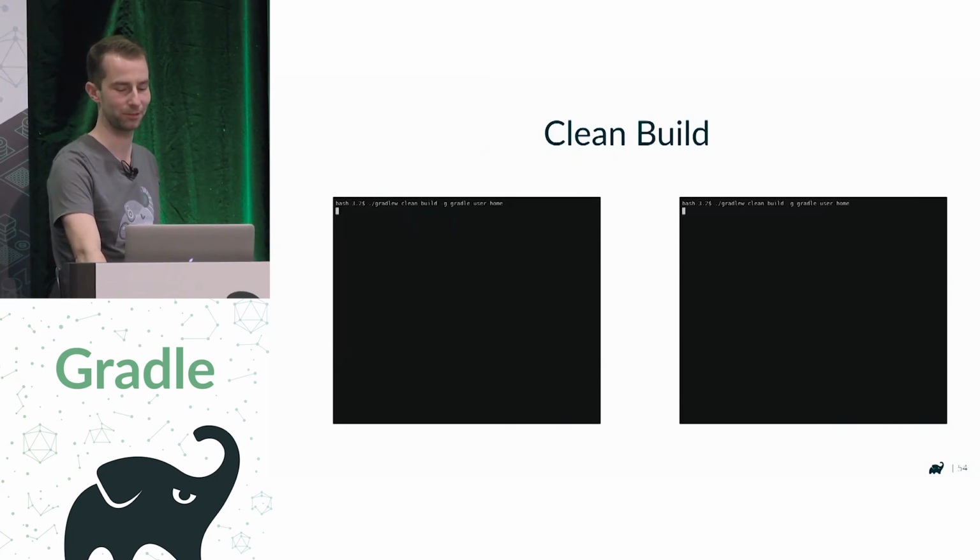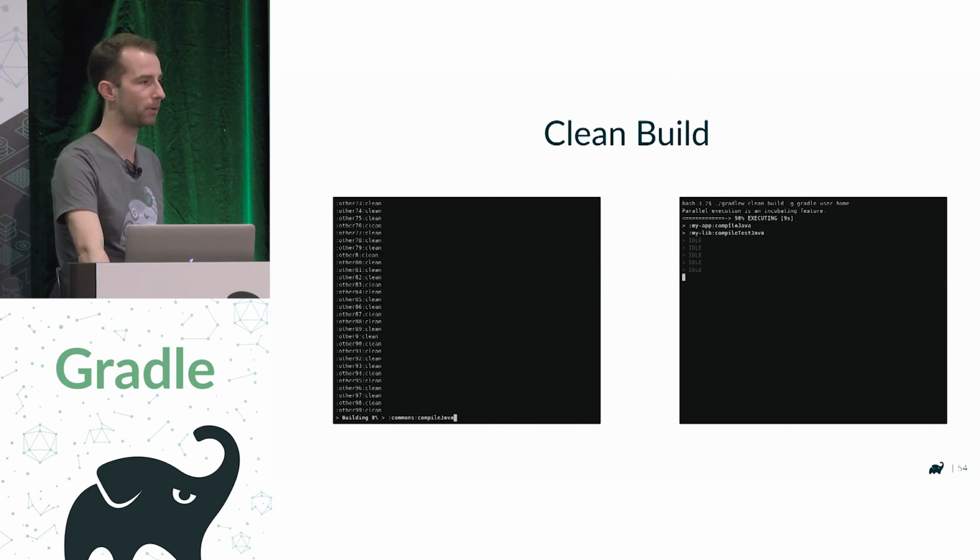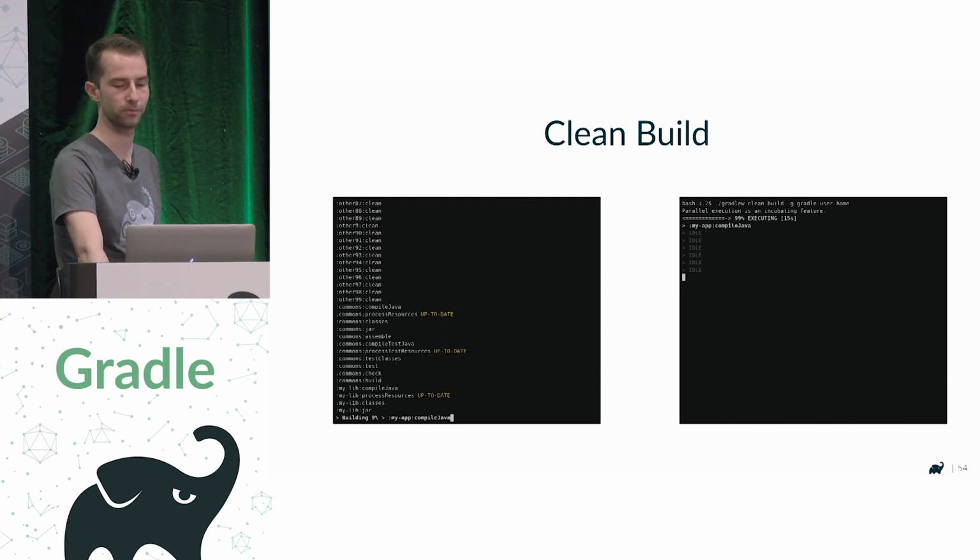And finally, the clean build, which is also funny because we could almost execute 2 clean builds of the new version in the time it takes the old version to do a clean build, just by optimizing our memory usage or the memory that we assign, by using parallel execution, and by removing some unnecessary work.